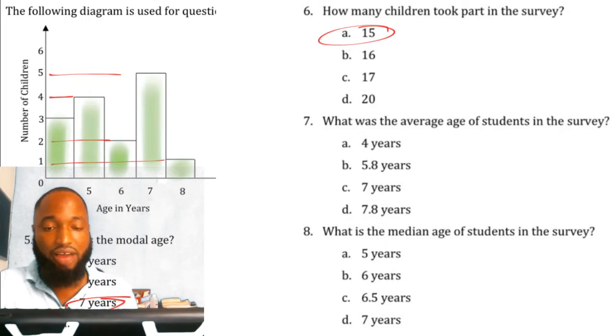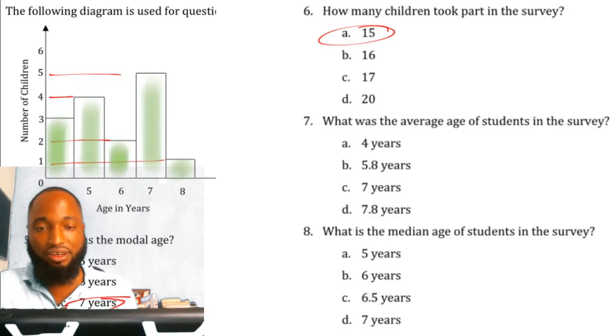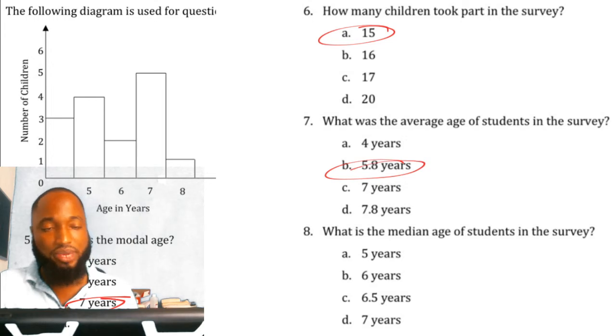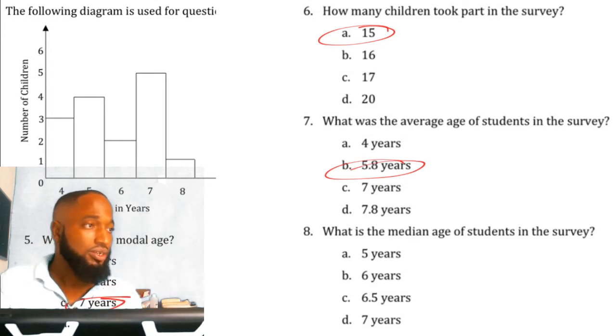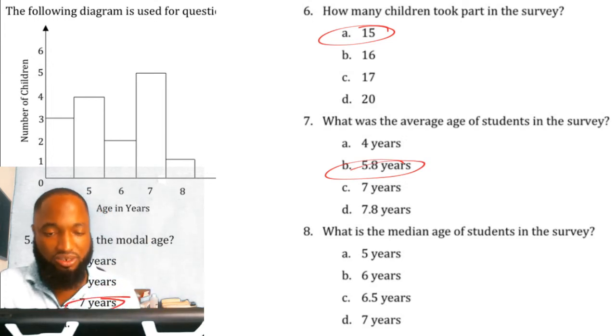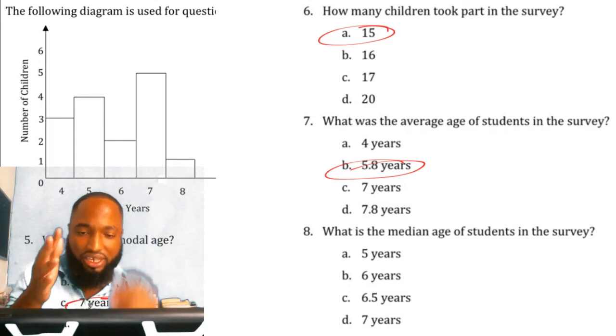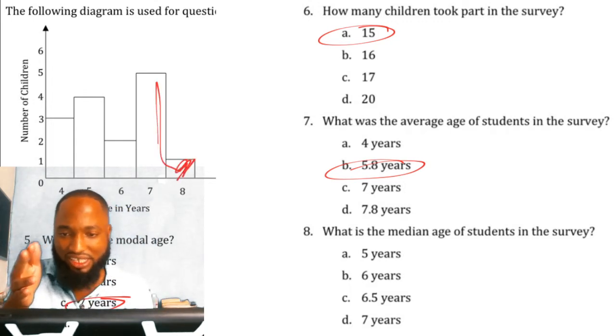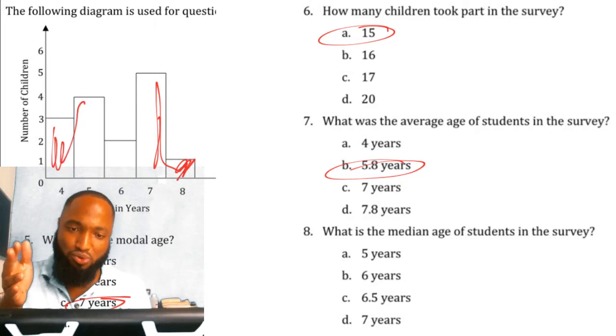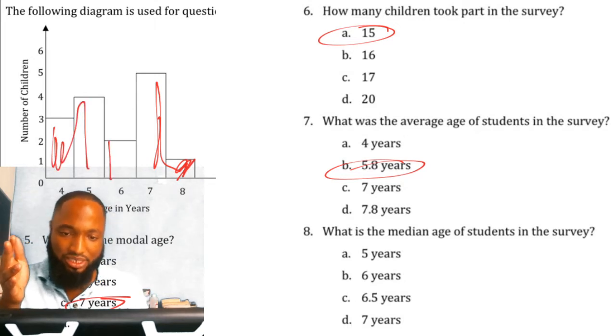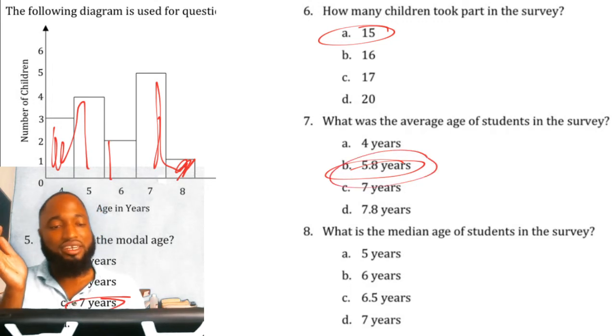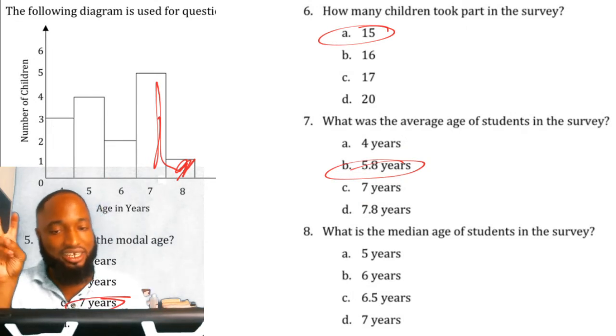You can kind of gauge it now. The answer must be somewhere in between 5 and 6. What do you have? 5.8? Yeah. That's how you can watch it and gauge the average.